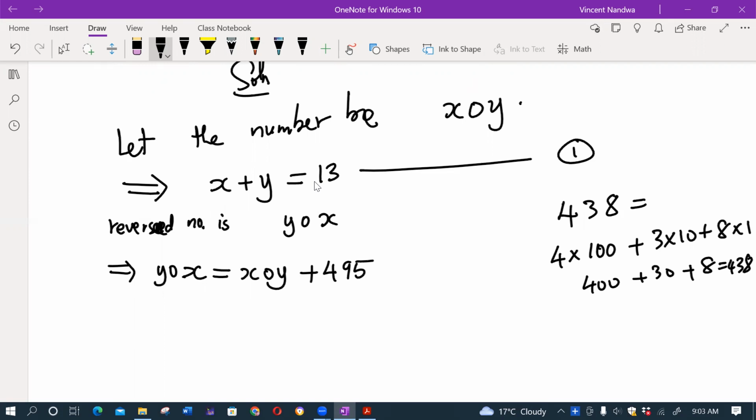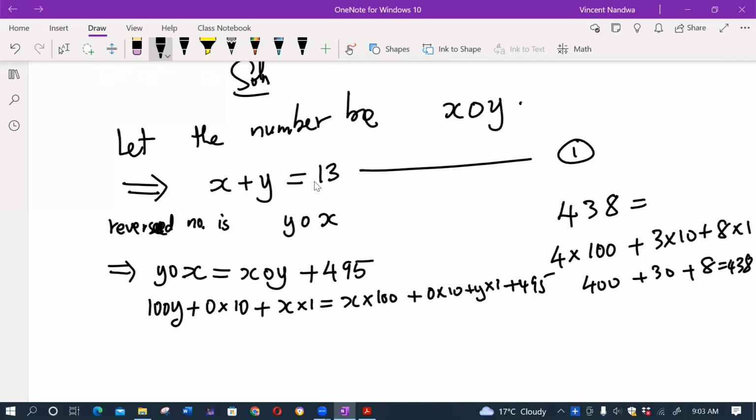Take y multiplied by its place value, which is 100. So we have 100y plus 0 times 10 plus x times 1, equals 100 times x, plus 0 times 10, plus y times 1, plus 495.